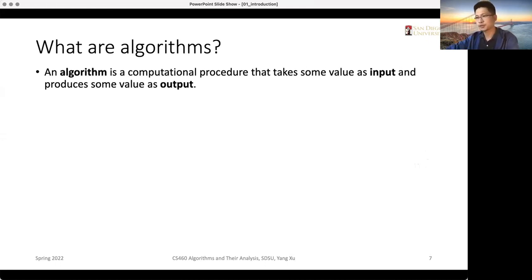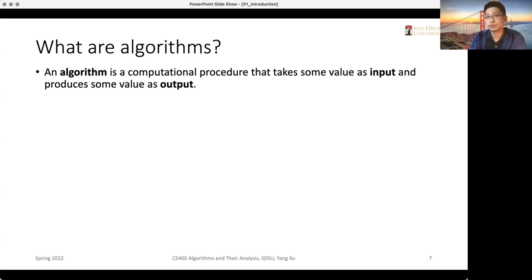So if we use most of the textbooks on algorithms, we can see that when we describe algorithms, we usually use a procedure or process that goes between some inputs and some outputs. So we can say that it is a procedure that processes some inputs and produces some certain outputs.